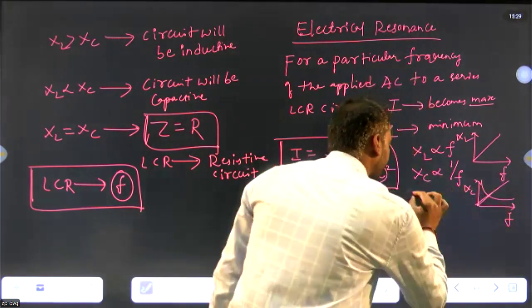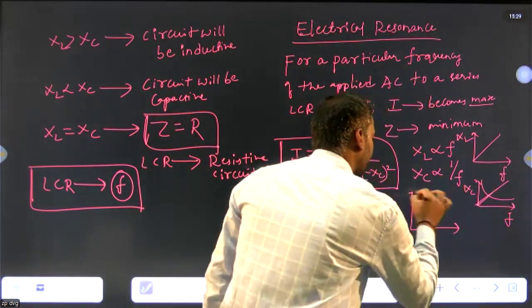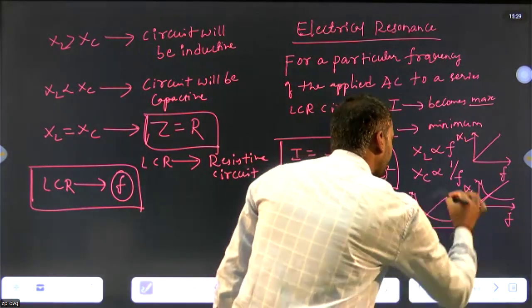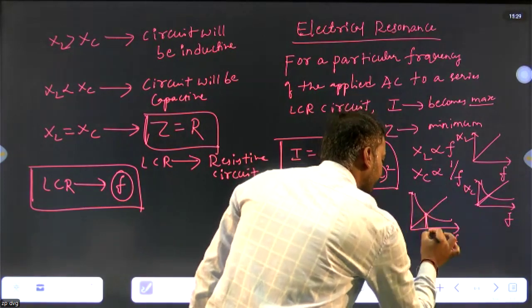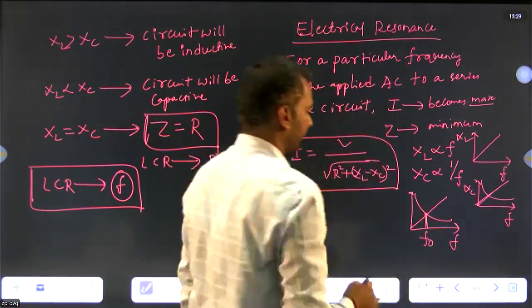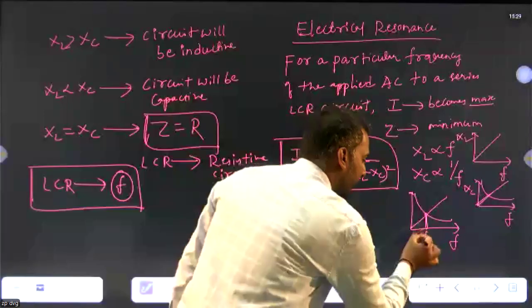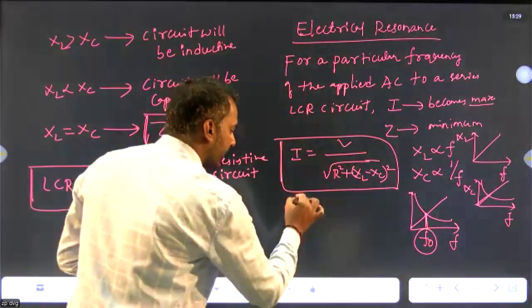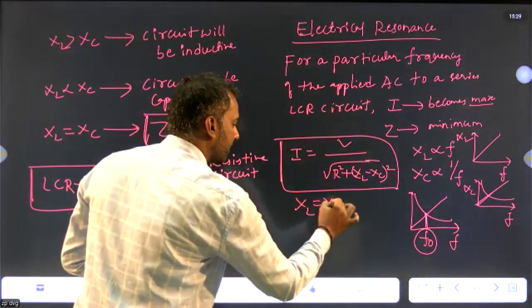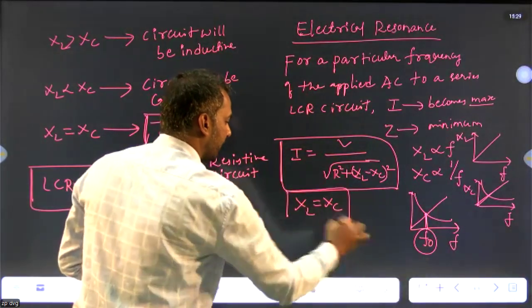At a particular frequency of the applied AC, which is F naught, XL is equal to XC. Inductive reactance is equal to capacitive reactance.